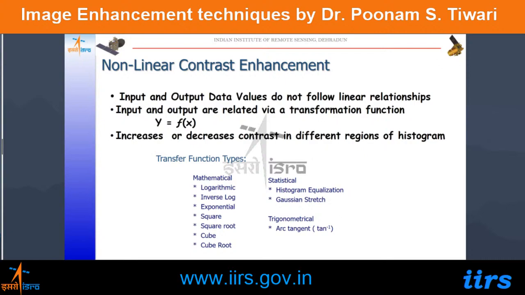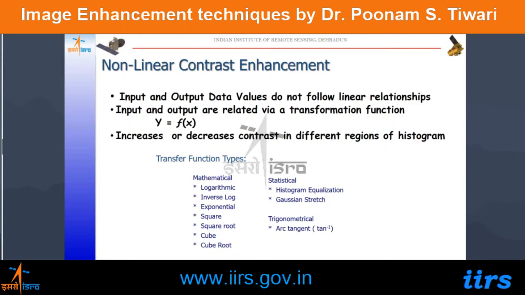In the logarithmic contrast stretching, the logarithmic values of input data are linearly stretched to get the desired output values. It is a two-step process. In the first step, we calculate the log values of input DN values. In the second step, log values are linearly stretched to fill the complete range from 0 to 255.